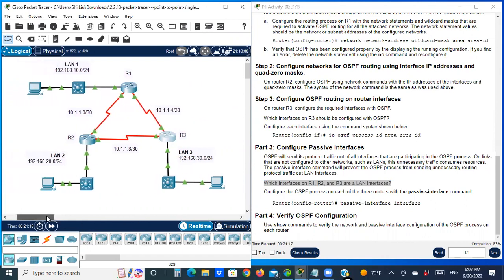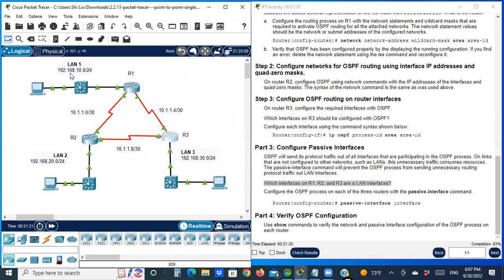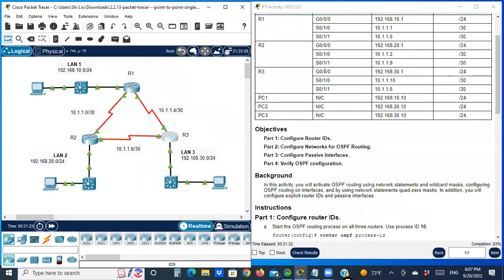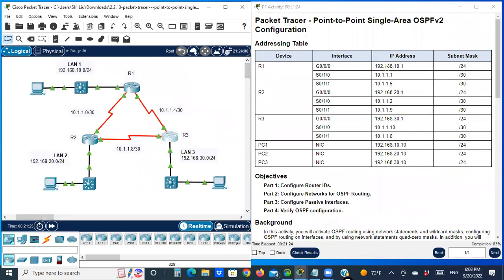All LAN interfaces are 192.168. Let's look at R1: this interface is supposed to be G0/0/0. R2 the same way, G0/0/0.